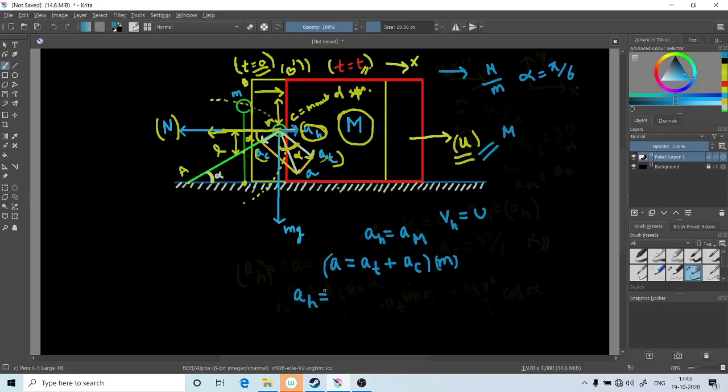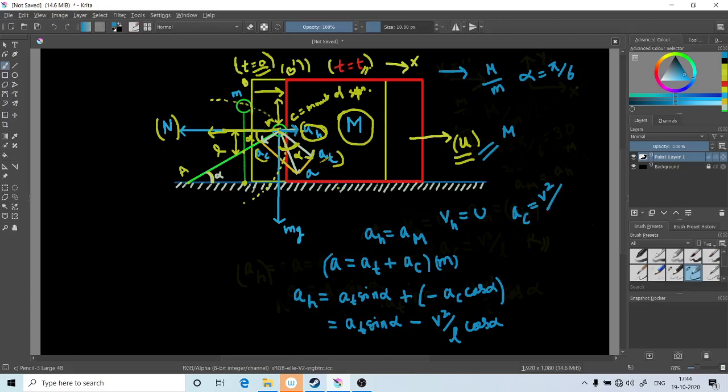And the horizontal component of the acceleration of load m is a_t sine alpha, as this is the angle alpha, plus minus a_c cos alpha, a_c cos alpha in the negative direction, which gives us a_t sine alpha minus v square by L cos alpha, as a_c, the centripetal acceleration, is v square by L, L being the radius which the load m forms while it is falling, while pushing the body M towards the right direction.